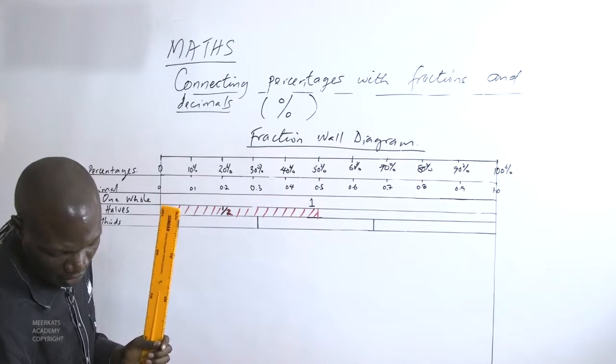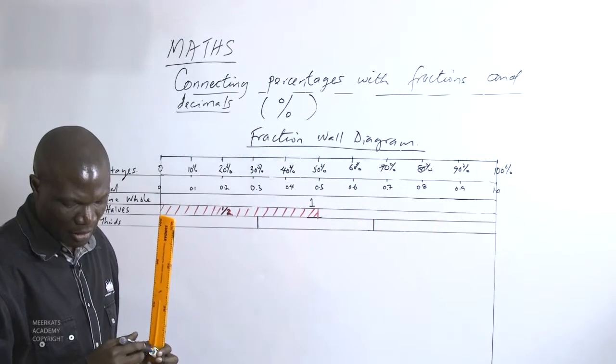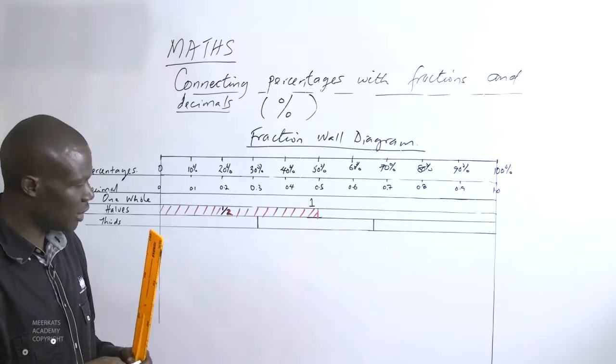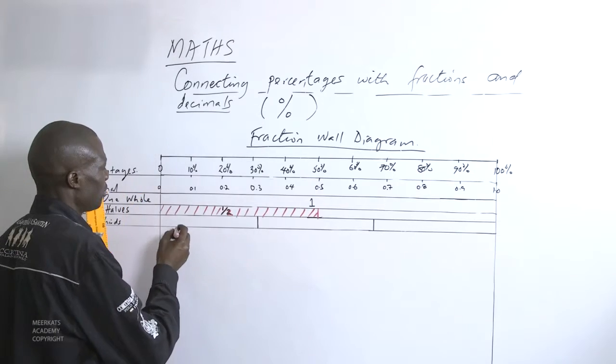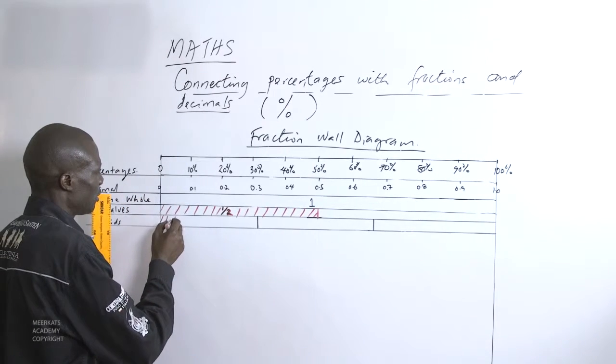So we have that representing thirds, and for thirds, you find that it is divided into 3 thirds.